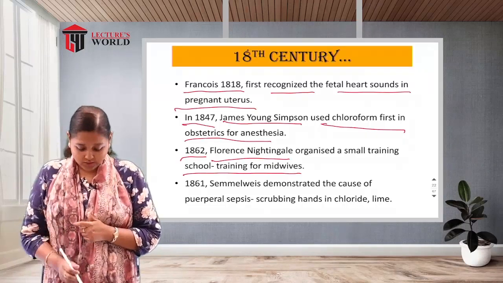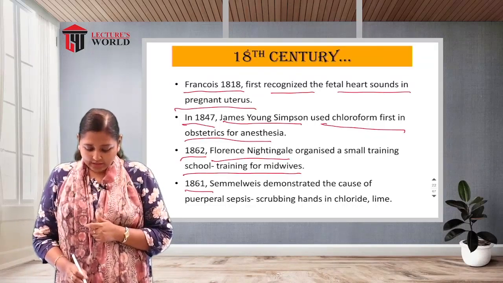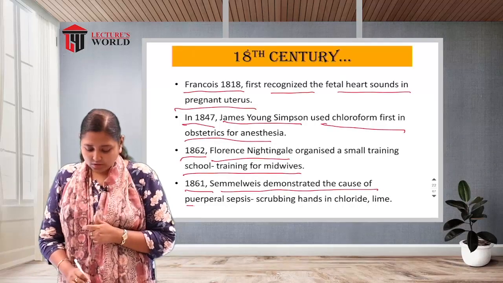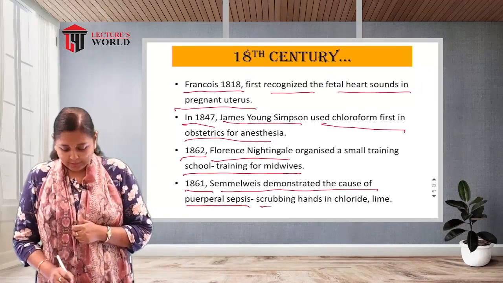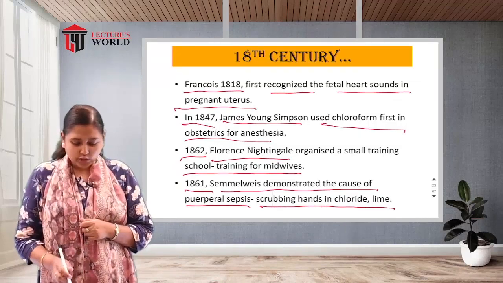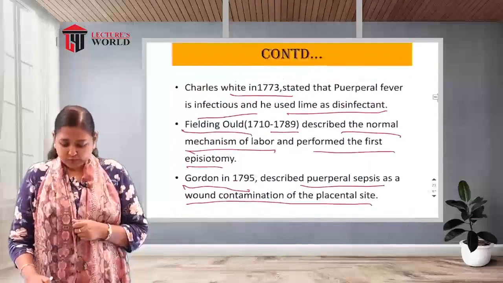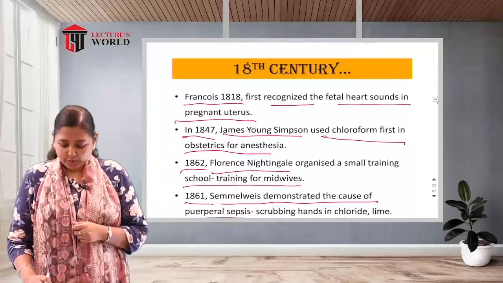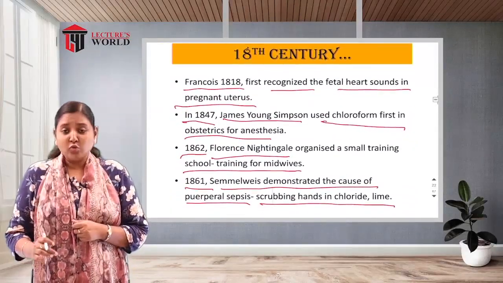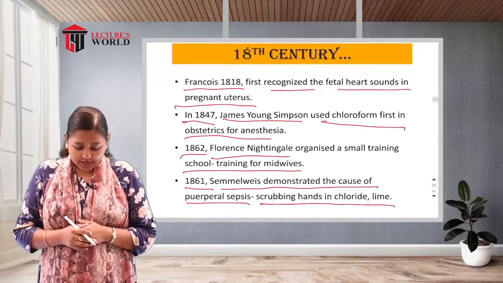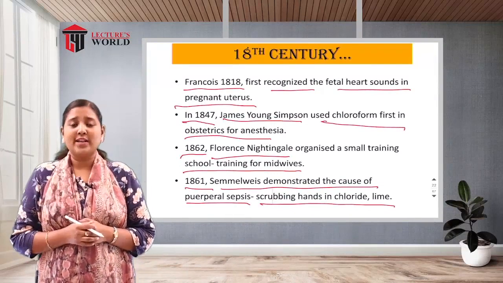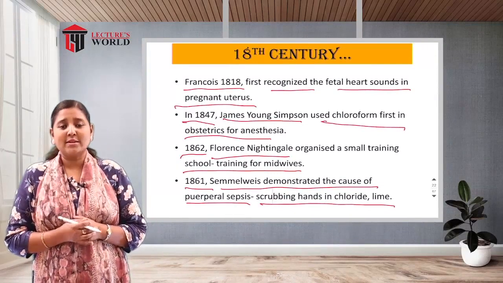And in 1861, Semmelweis demonstrated the cause of puerperal sepsis, by scrubbing the hands in chloride of lime. I told you already there was a person named Charles White, who identified puerperal fever, and was using lime as a disinfectant. Semmelweis was also another person who used lime as a disinfectant.